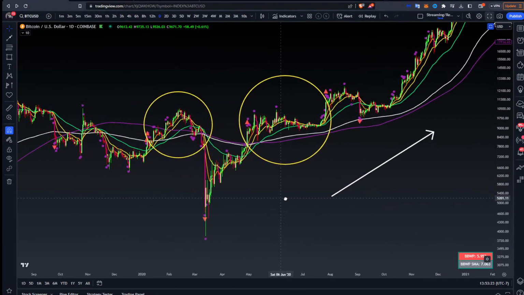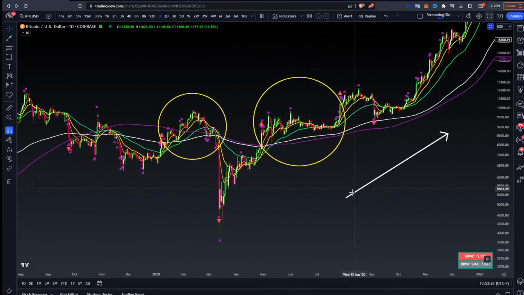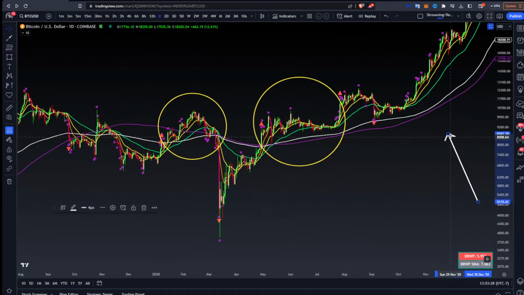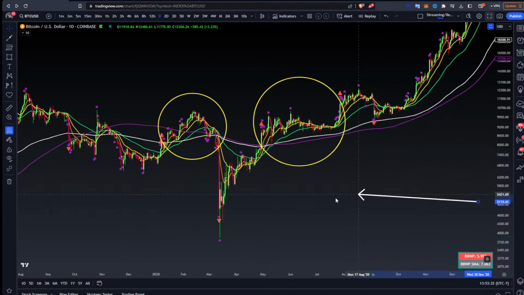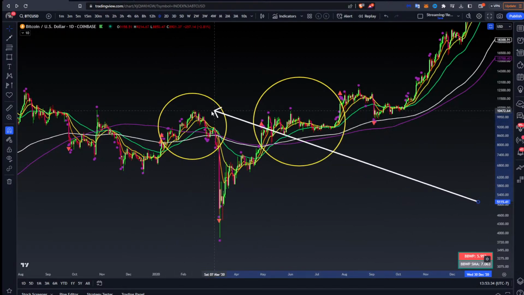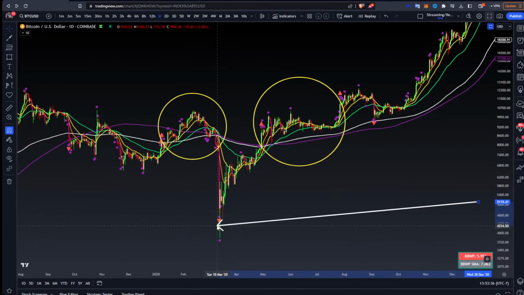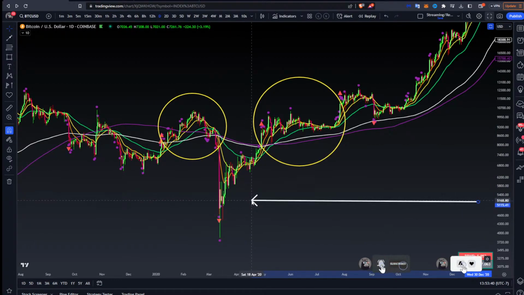And I've been seeing charts where people are pointing out that, well, hey, we have to be ready in the next couple of weeks for a 2020 style drop, like what we saw in March of 2020. And I just quickly threw on the moving averages here, and I am not seeing that setup.